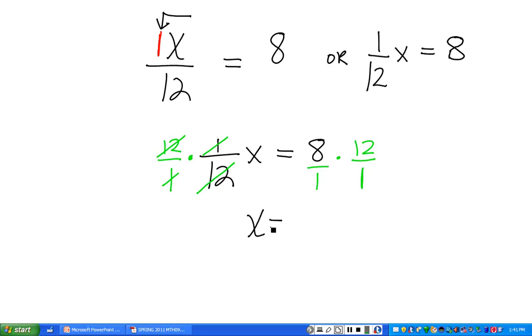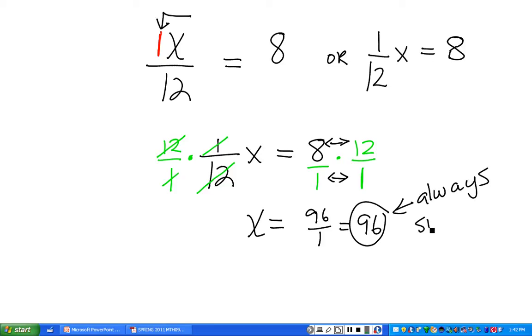That's our whole objective, to get x to stand alone. And then we have 8 times 12. So we multiply across. 8 times 12 is 96 over 1, which is 96. So I always put it in its simplified version. So always simplify. Do not leave the answer as a number over 1.